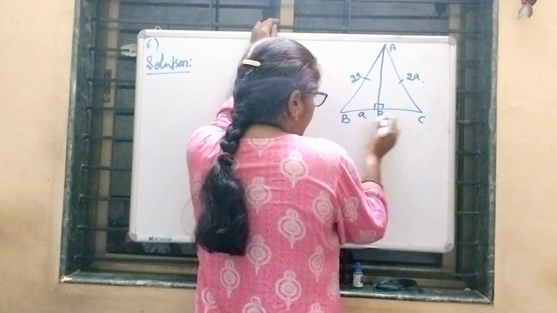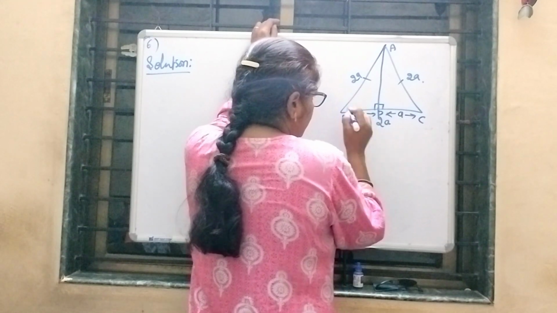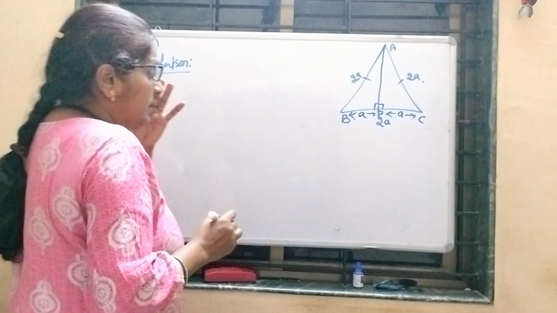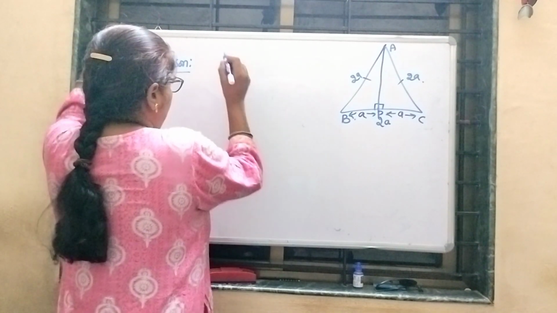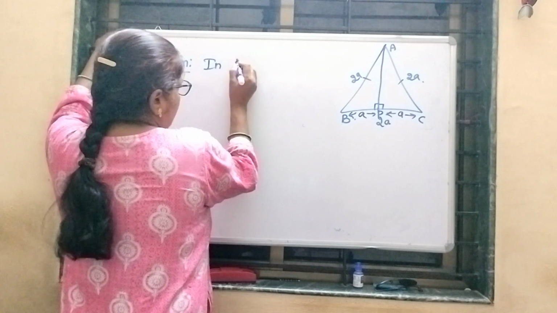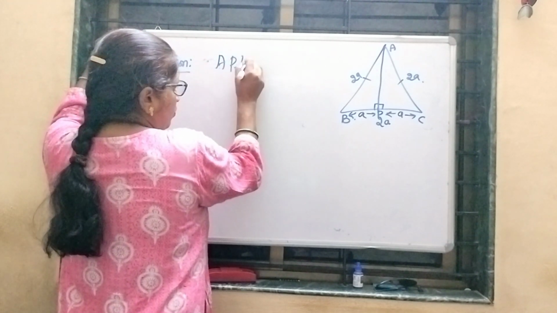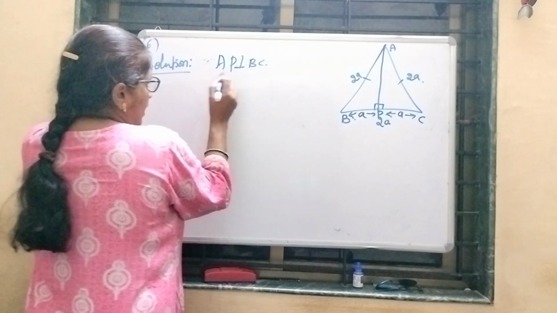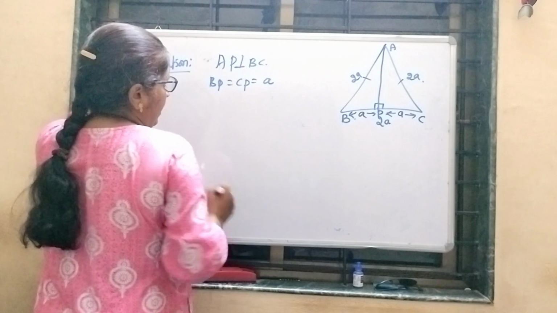So this will be only a, because it was 2a. Now we can consider the right angled triangle APB. First you can write AP is perpendicular to BC and BP will be equal to CP will be equal to only a.